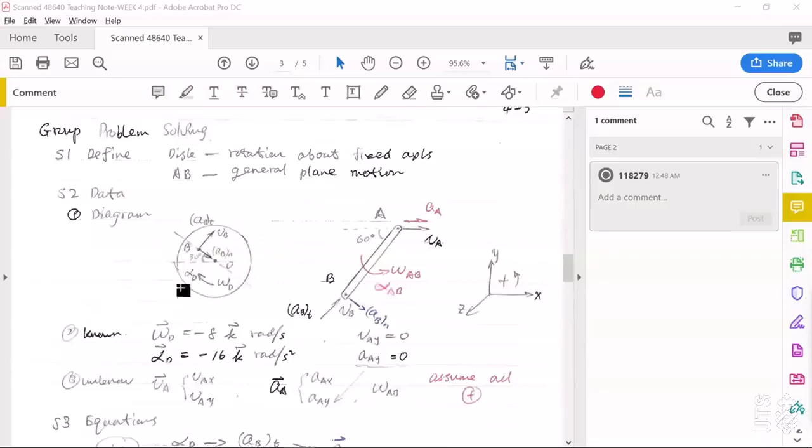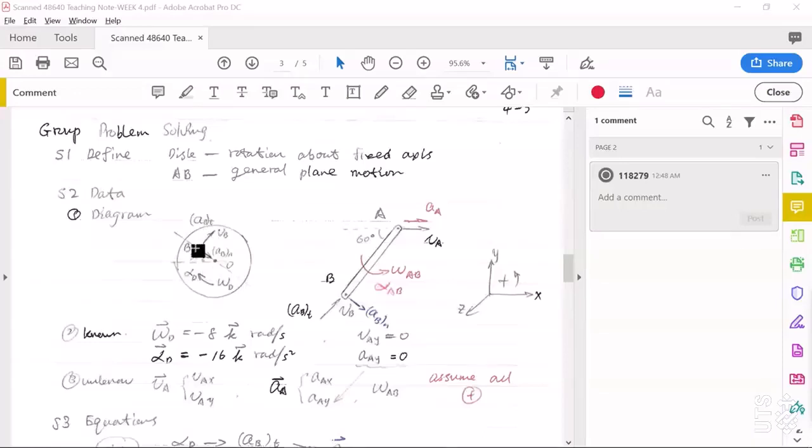And you can see here, this disk is undergoing rotation about its fixed axis through point O. This point is actually its circle center O. Okay, we already know alpha D, we already know omega D. Both of them are clockwise.